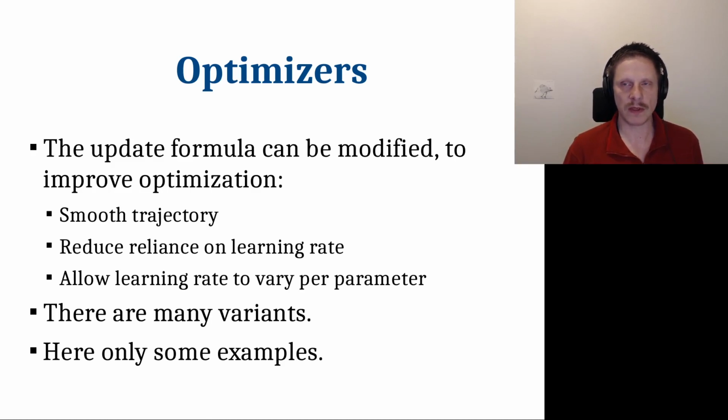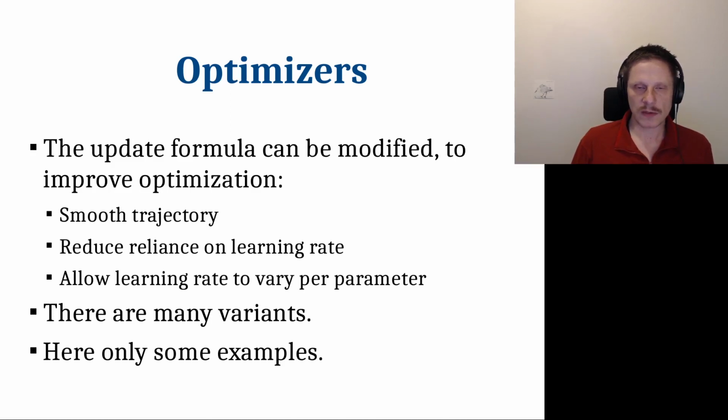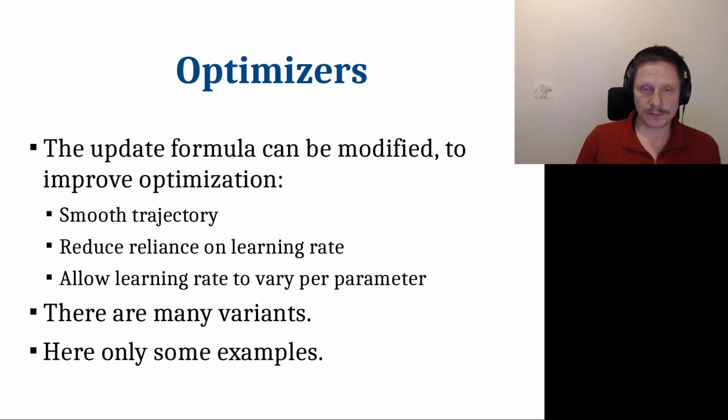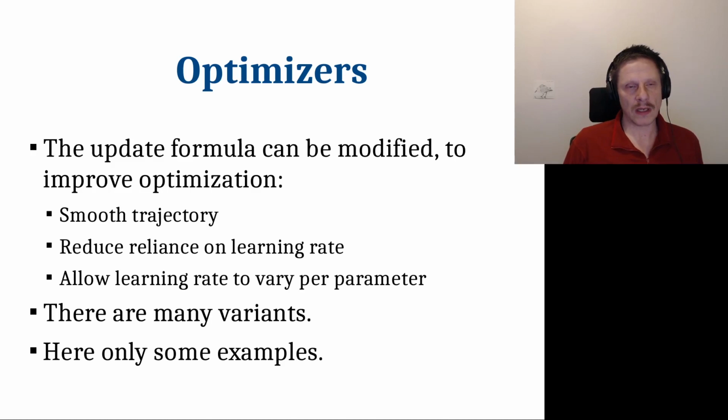Depending on every specific data set and model it will be different, and that makes working with these models more difficult than it should be. We might also want to allow the learning rate to vary per parameter rather than having a single global learning rate for all the parameters. Some of the parameters may need larger updates than others.